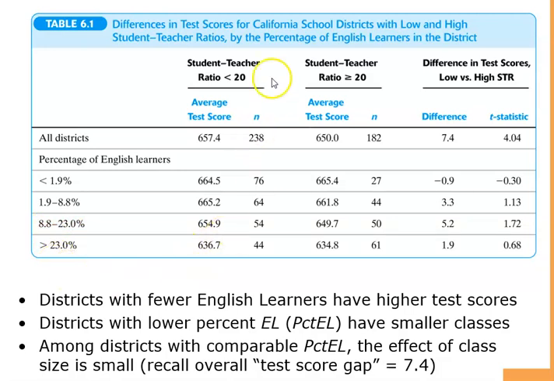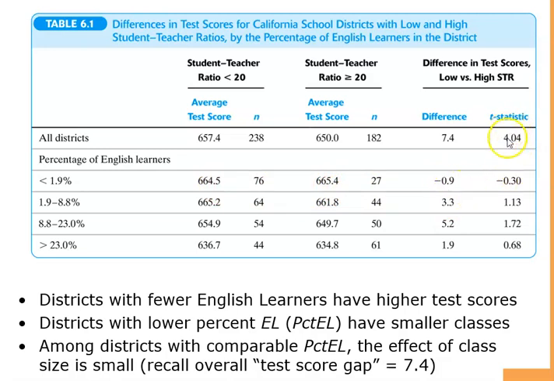You can see the average test scores in all of these school districts for student-teacher ratios less than 20 and greater than 20, and you can also see the difference, which is simply 657.4 minus 650, or in this scenario 644.5 minus 665.4, which is equal to minus 0.9.